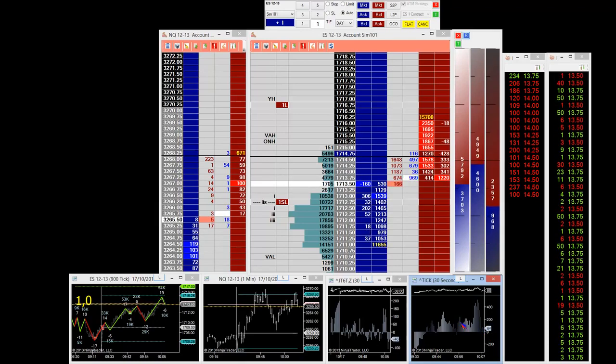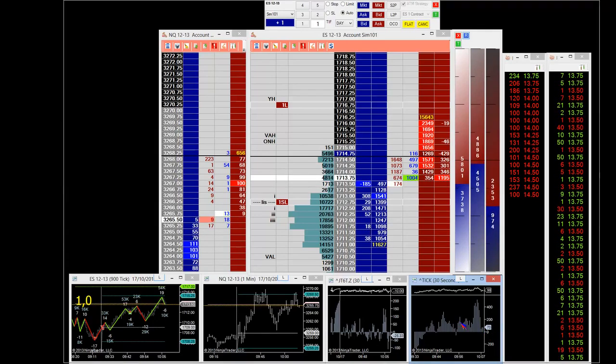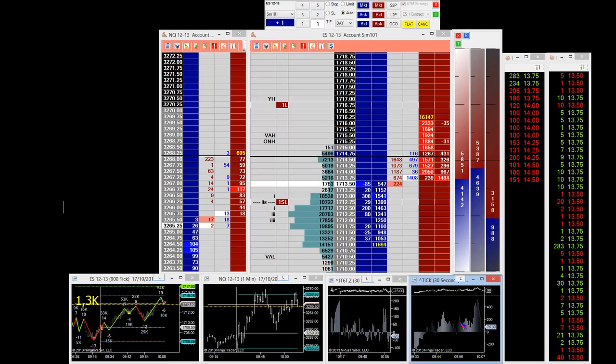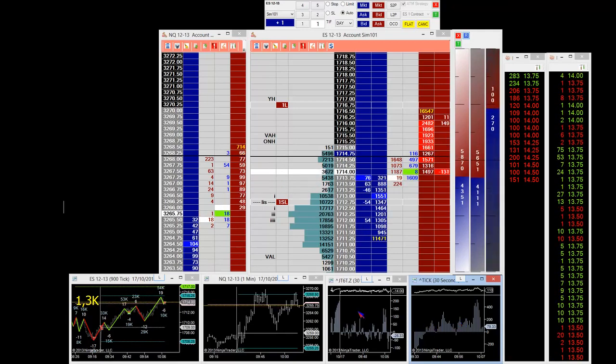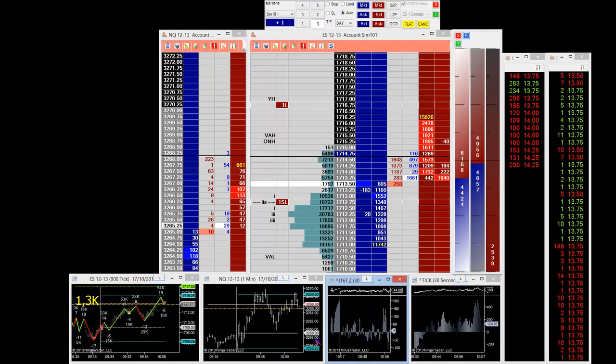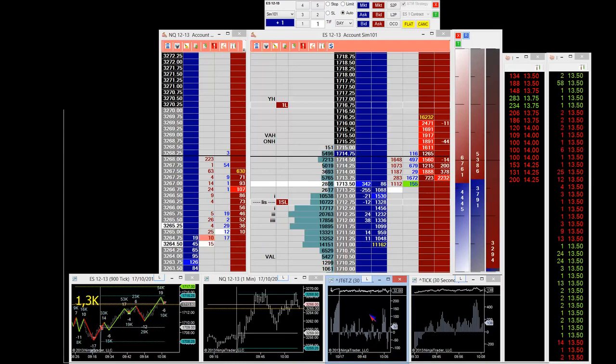So if we look at the market internals, we can say fairly easily, without really doing a lot of analysis, that it looks like the market internals are now supporting a move down. The S&P 500 tick is pretty much just following the swings in the actual market.